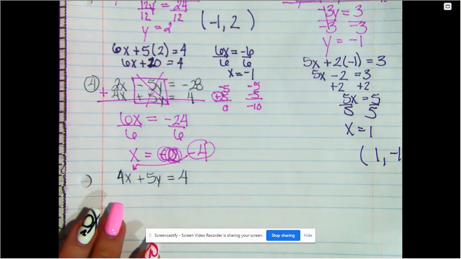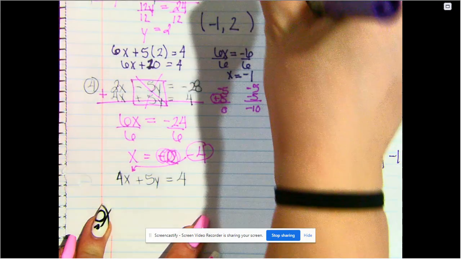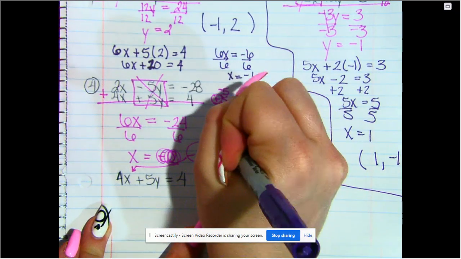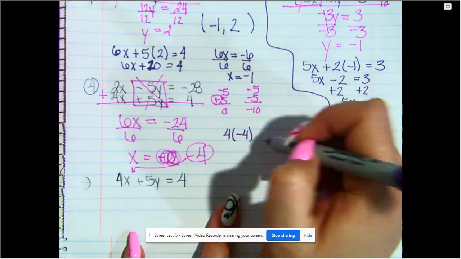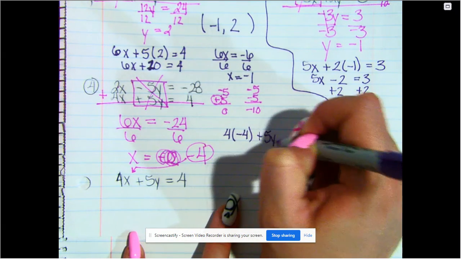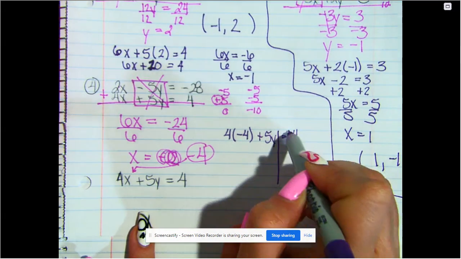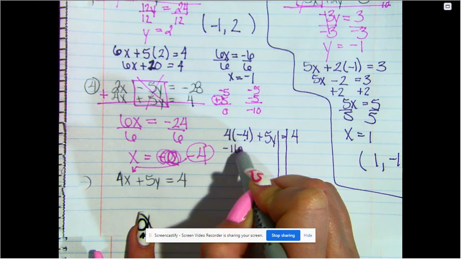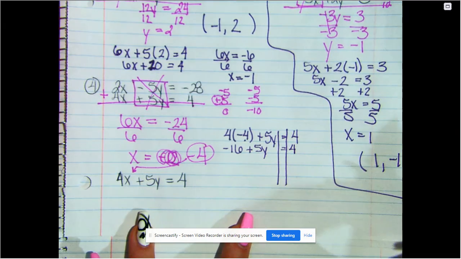Okay, so what that looks like is 4 times negative 4 plus 5y is equal to 4. Okay, so then from here, we're going to do 4 times negative 4, which is negative 16, plus 5y is equal to 4.